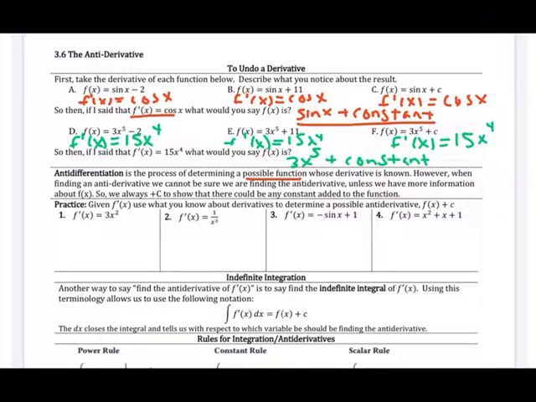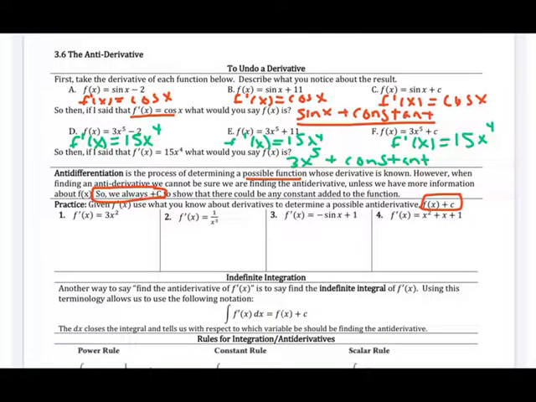However, when finding an antiderivative, we can't be sure we're finding the exact function unless we have more information, which is why we always include a plus c. There could be any constant added to the function that disappears when we take the derivative. So we will write that as f of x plus some constant value c.